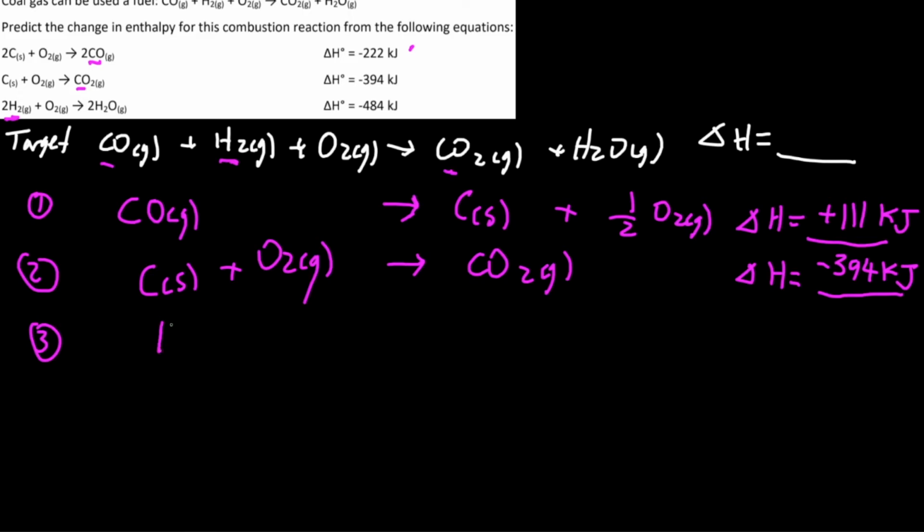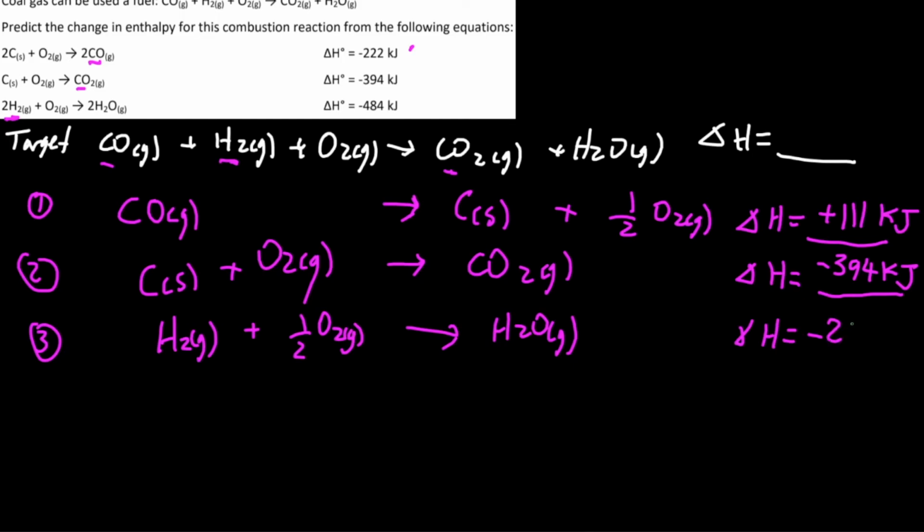This means that I'm going to have H2 gas plus half O2 gas, because I divided everything by 2, and this will produce 1 H2O gas. And since I divided everything by 2, that means our delta H value is also going to be divided by 2. So we have negative 242 kilojoules.